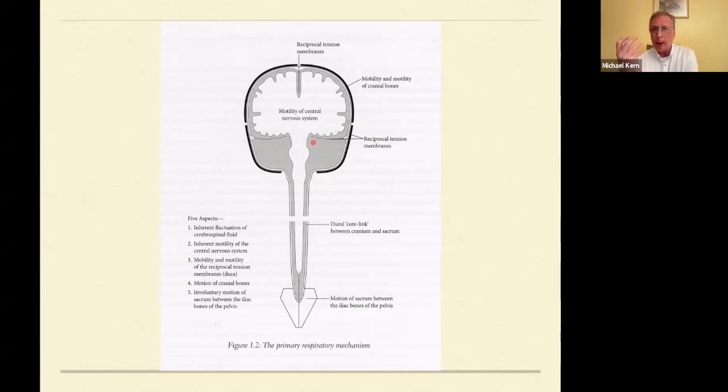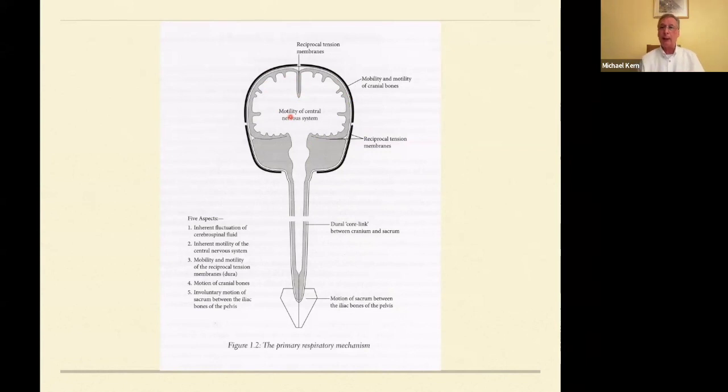But in many ways, it's a very inadequate and misleading term, because one of the things that Sutherland realized from quite an early stage in his exploration was that these subtle movements that he first identified at the cranial bones and in the interrelationships of the membranes and the central nervous system and the fluids and the sacrum are not just restricted to this integrated system at the core of the body.